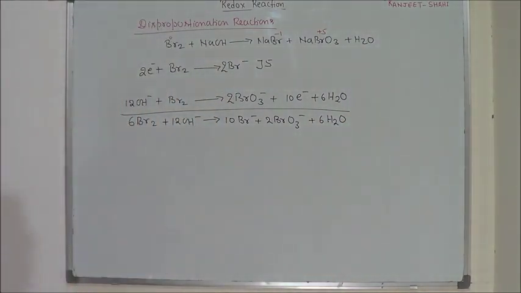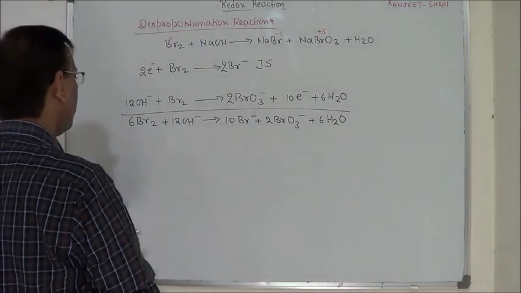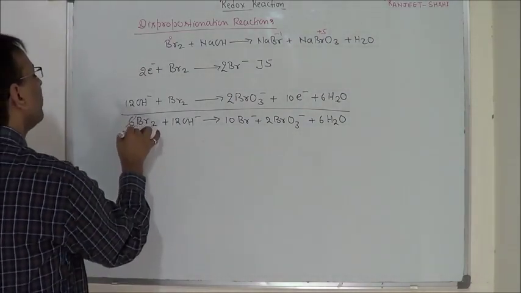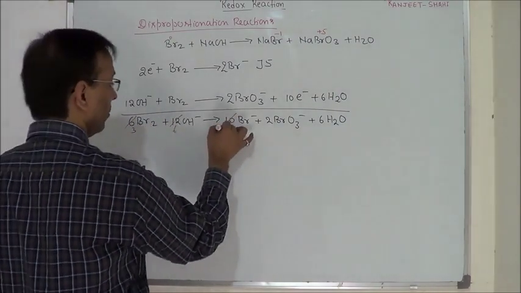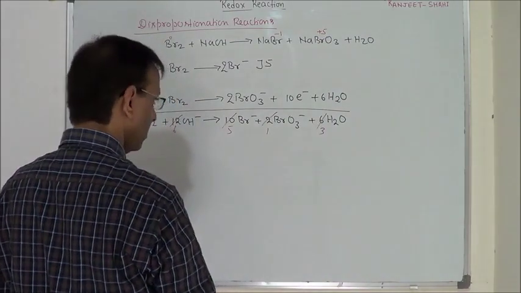Also we can see that in this reaction there is a common factor of 2 in the entire reaction, so we can drop that. So it will be 3, 6, 5, 1 and 3.